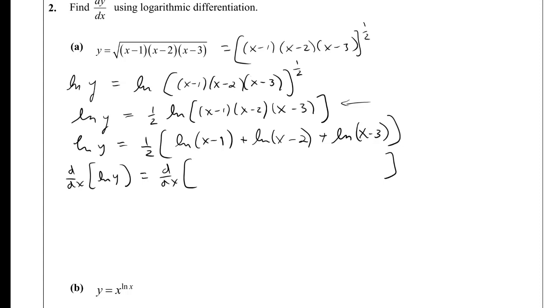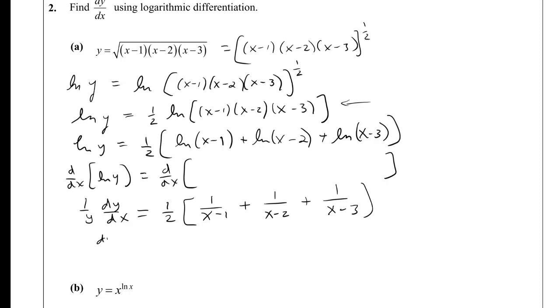So on the left-hand side, remember this is implicit now, I get 1 over y dy dx equals, all right, now if I go back and look at what I had previously, I would get a 1/2 as a multiplicative factor, and then I'm going to take the derivative of ln of x minus 1, which is 1 over x minus 1, and then plus the derivative of ln of x minus 2, which is 1 over x minus 2, and then the derivative of ln of x minus 3, which is 1 over x minus 3.